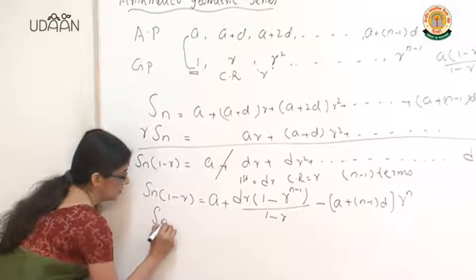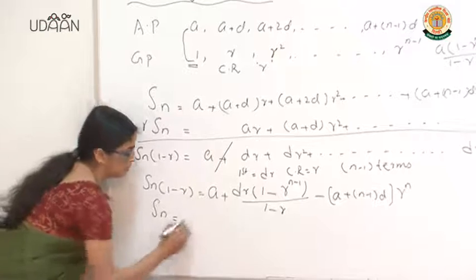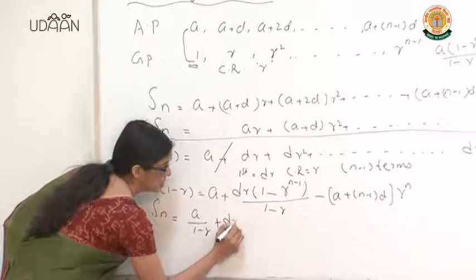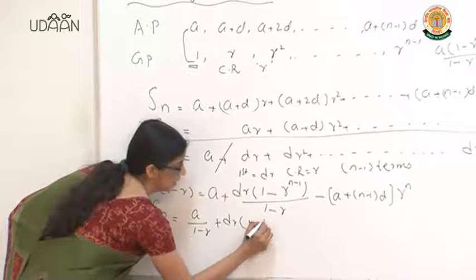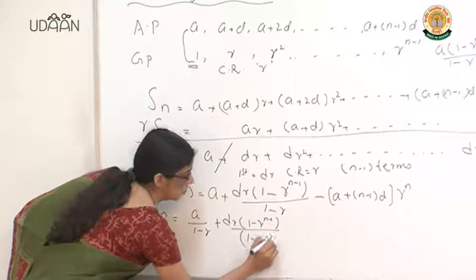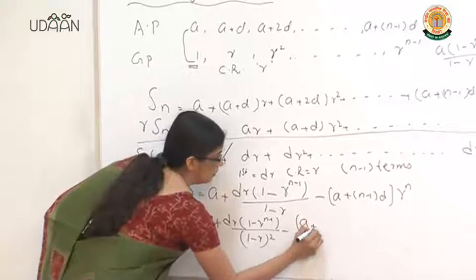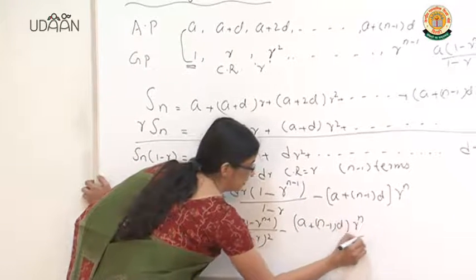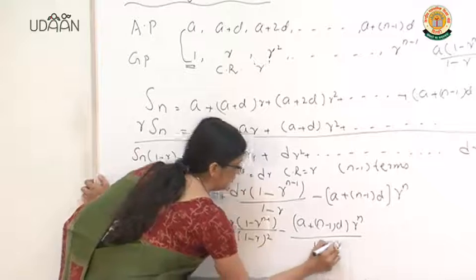From here we get Sn: divide both sides by 1 minus r. a by 1 minus r plus dr into 1 minus r power n minus 1 divided by 1 minus r whole square, minus a plus n minus 1 d into r power n divided by 1 minus r.